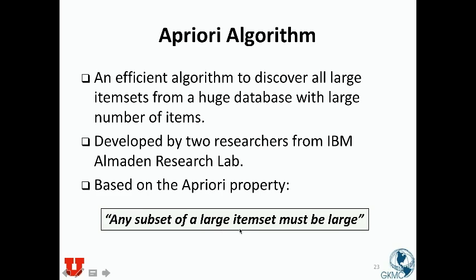Given that egg, milk, and bread already are in 60% of transactions, of course, egg and milk must be in 60% or more transactions. So by definition, those smaller item sets out of a large item set are also large, meaning they happen 60% or more often, or happen not less frequently than the support threshold level.